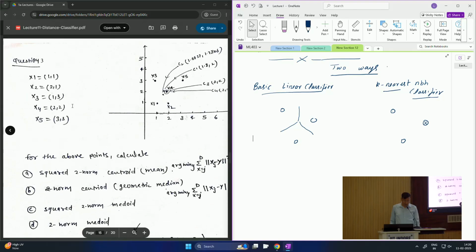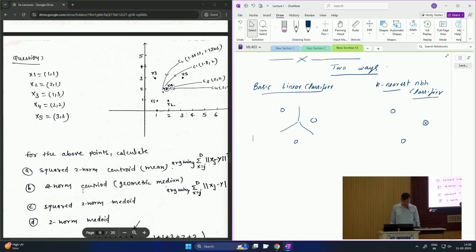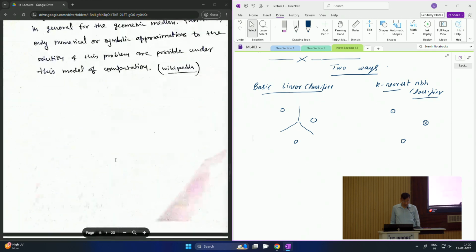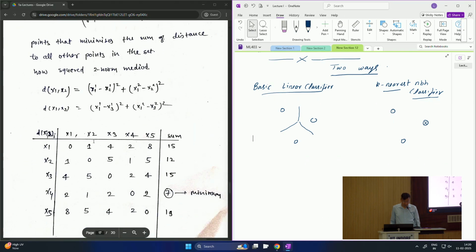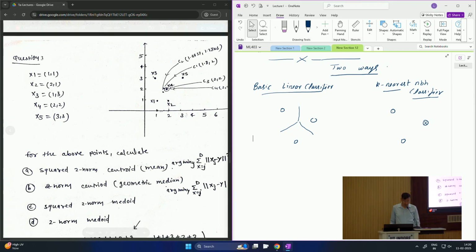With x1 and x2, the Euclidean distance, it's saying squared 2 norm, so basically you're finding the square of the Euclidean distance. 2 minus 1, 1 minus 1, so that is 1 square. So you will fill this table value 1. When you're finding between x1 and x3, 1 minus 1 is 0, 3 minus 1 is 2, 2 square, so that will be 4.